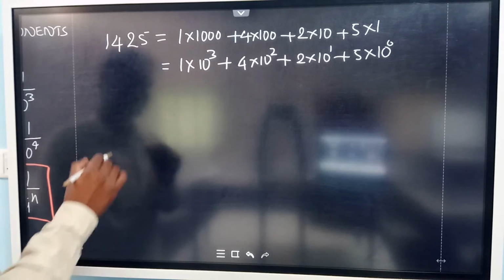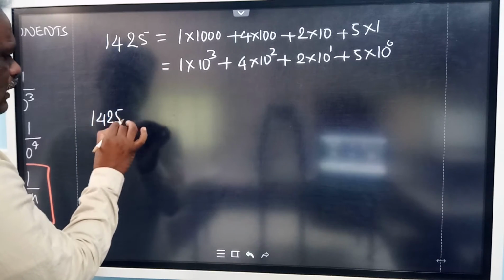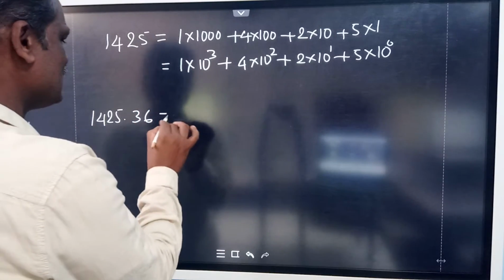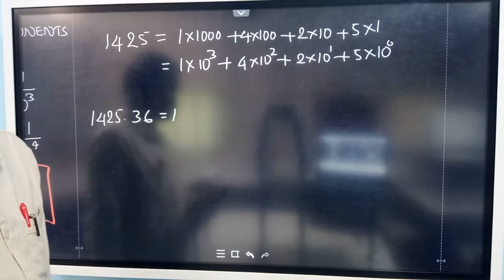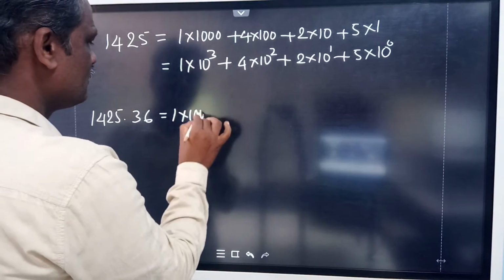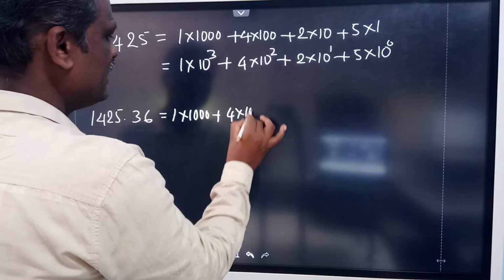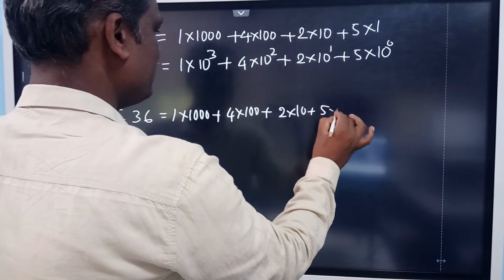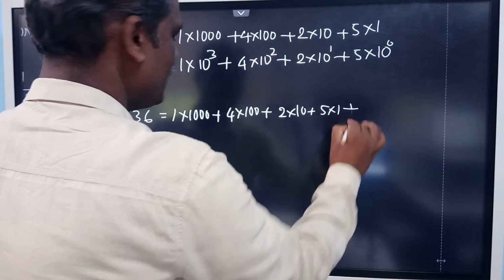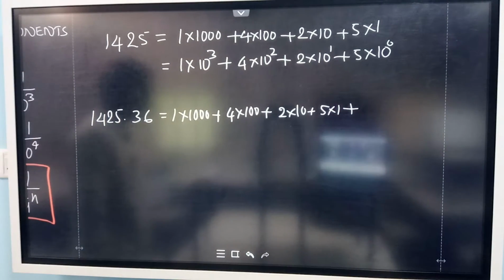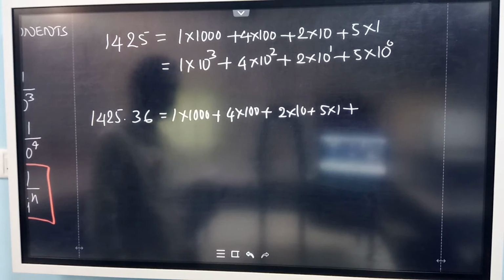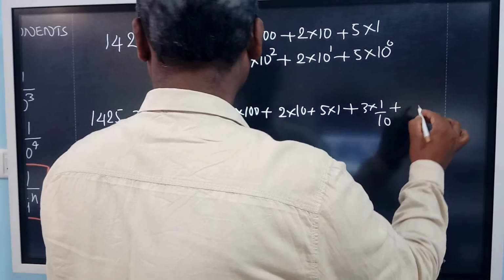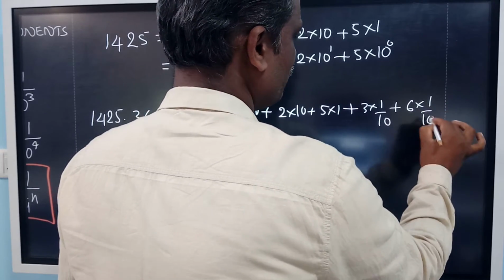Suppose I take a number like 1425.36, this is the number. The same way we can do this: 1 into 1000 plus 4 into 100 plus 2 into 10 plus 5 into 1, then plus 3 into 1 by 10 plus 6 into 1 by 100.